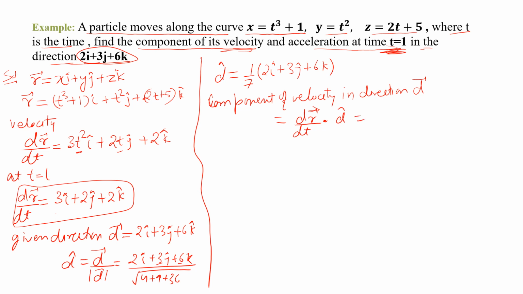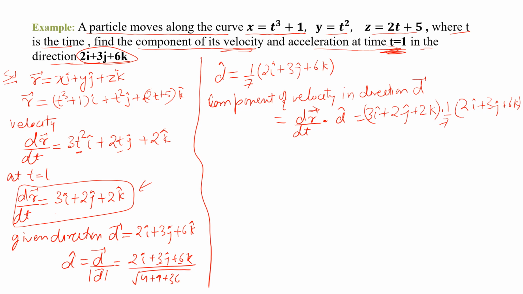So we write the velocity, 3i plus 2j plus 2k, dot 1 by 7 times (2i plus 3j plus 6k).